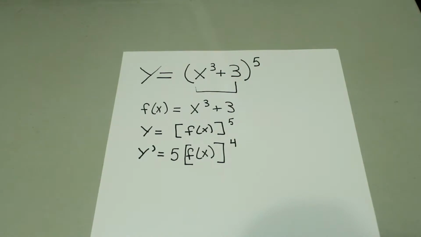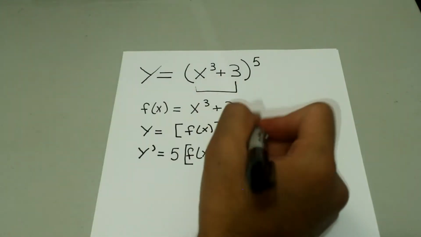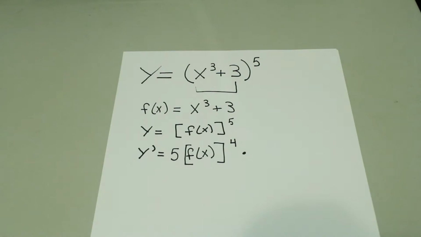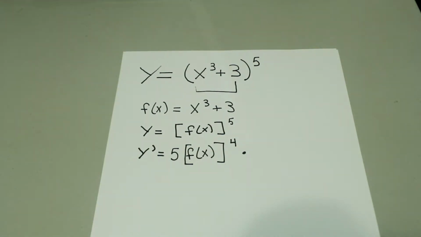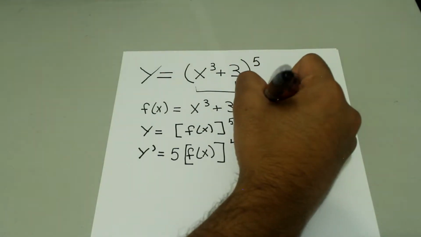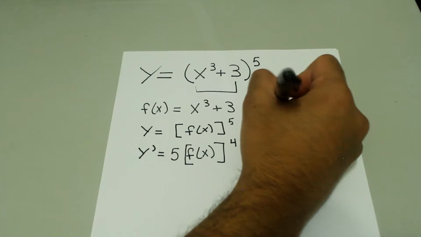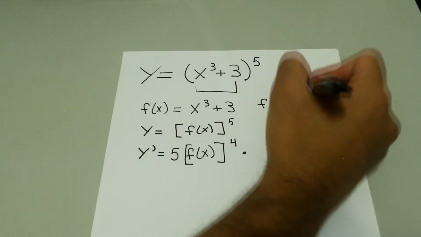But we're not done. Since we have f of x inside the parentheses, we need to multiply this entire quantity by the derivative of f of x.